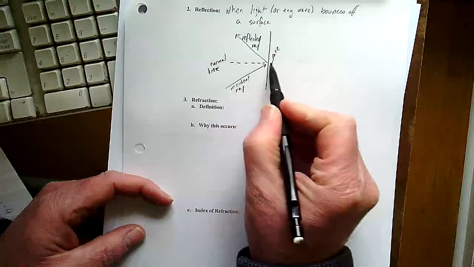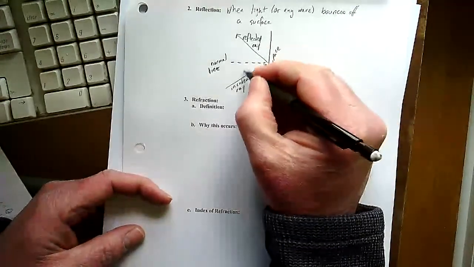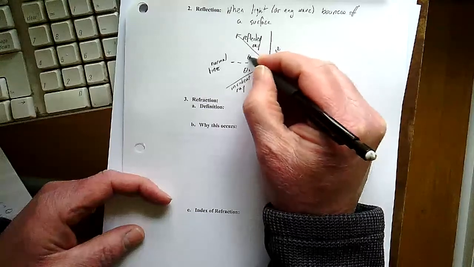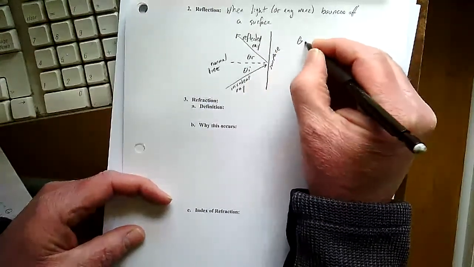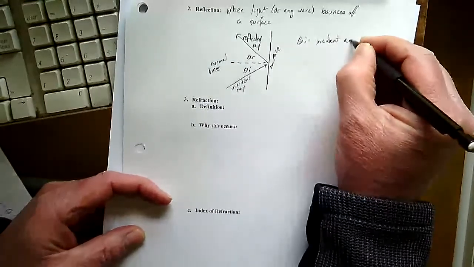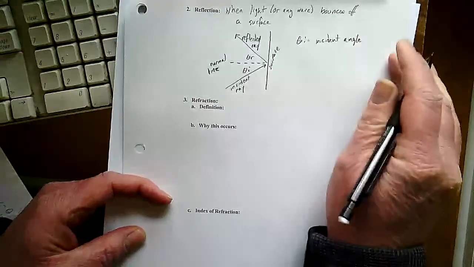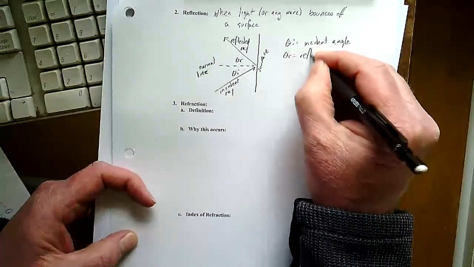I draw it dashed because it's not really there. It's just something I'm using for reference. And I'm going to label this theta I and theta R. Theta I stands for incident angle, and theta R is the reflected angle.